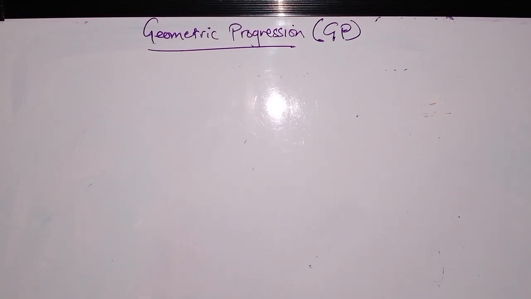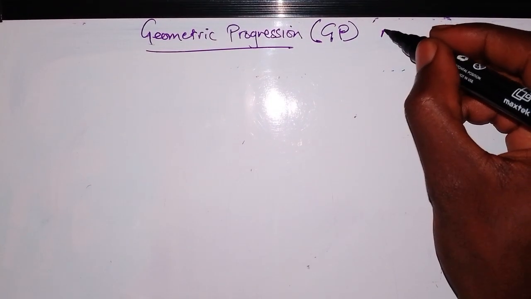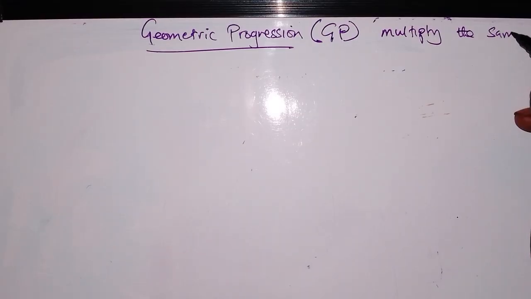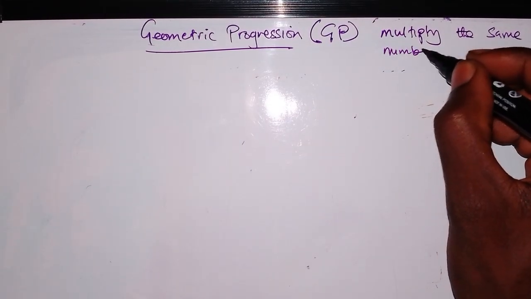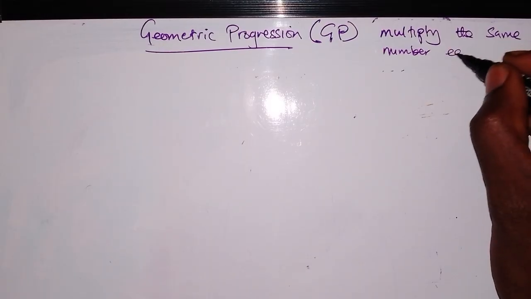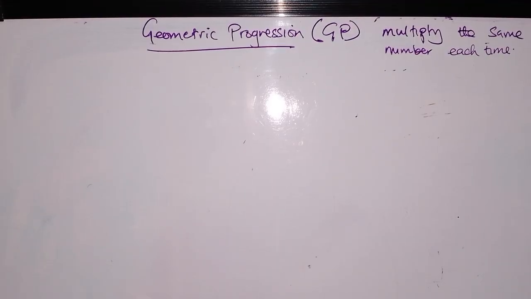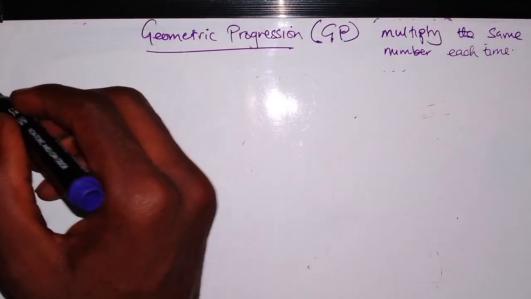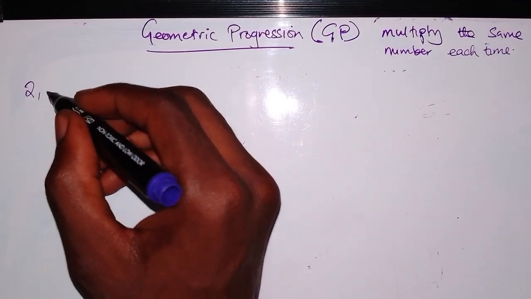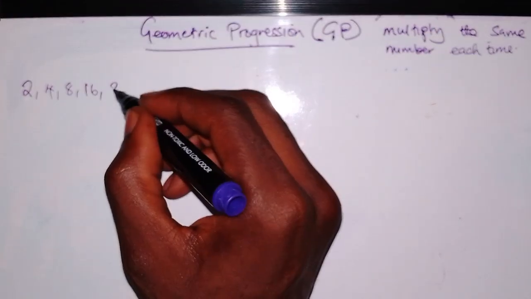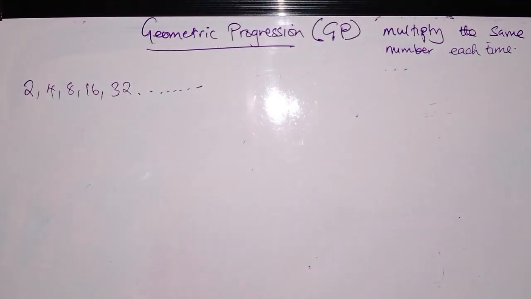So in GP, you are multiplying the same number each time. An example of a sequence where we keep on multiplying the same number to get different results is this one. We can have 2, 4, 8, 16, 32. Just like that.